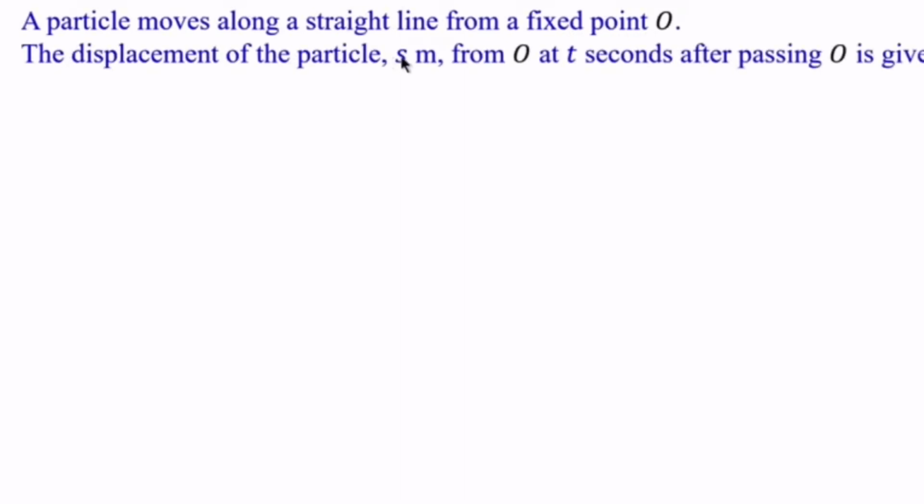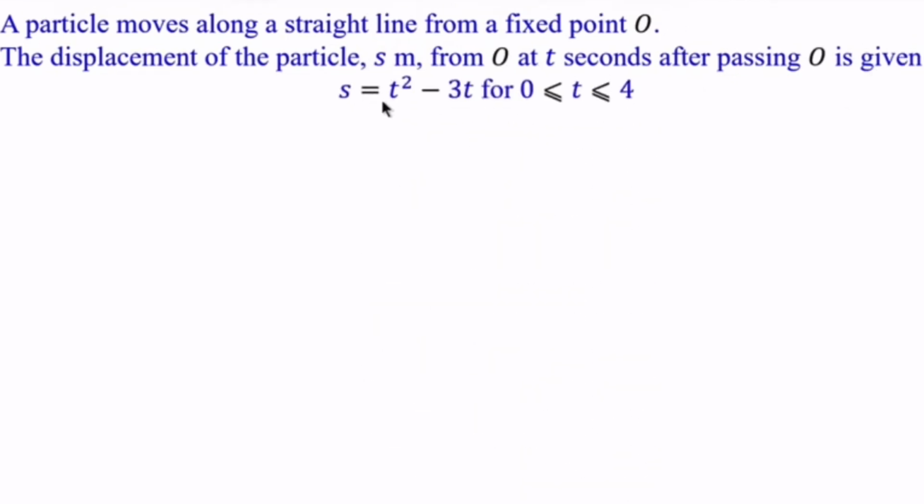The displacement of the particle, s meters from O at t seconds after passing O, is given. Normally we use s to represent displacement, right? It's given in terms of the function t squared minus 3t, with t between 0 and 4.